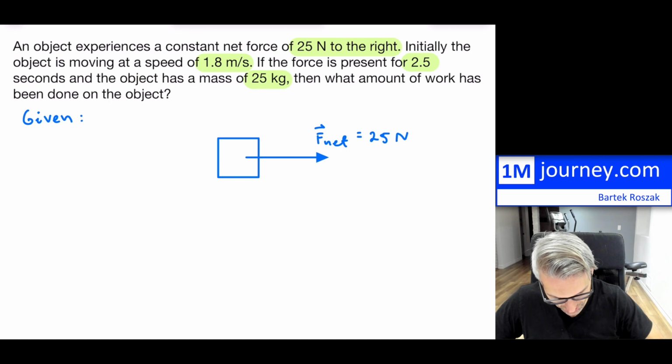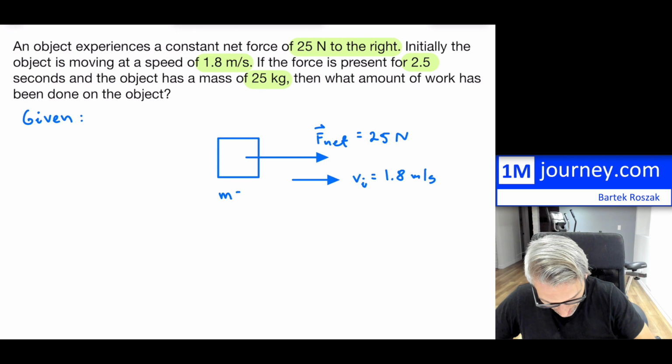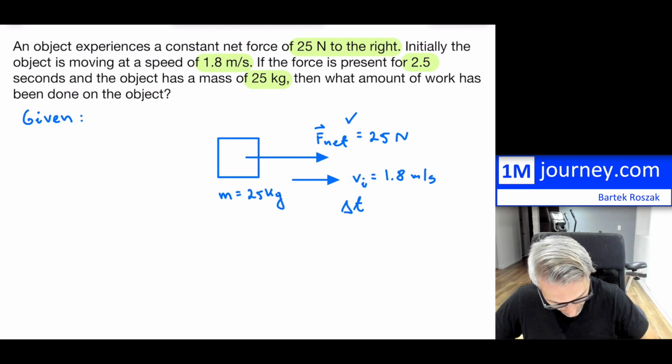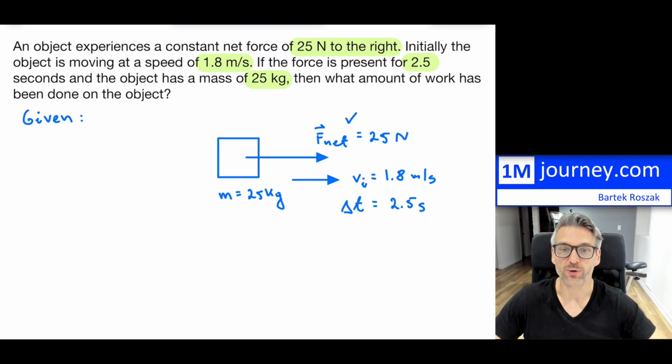Now the object is moving in this direction, and it has an initial speed, which is 1.8 meters per second. Now, we also know the mass of this particular object, so this is going to be 25 kilograms, so that's useful to know. And we know that it has been moving with this net force for a change in time, so the total time is 2.5 seconds.